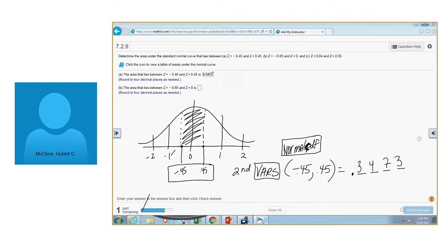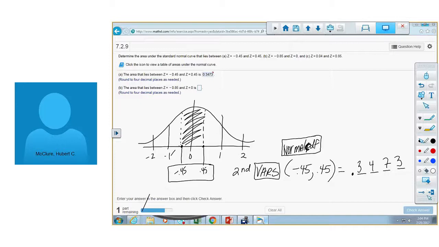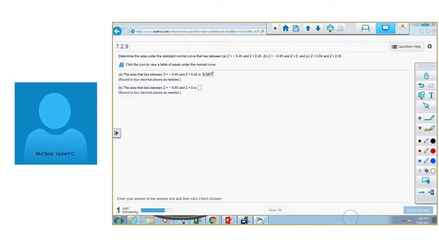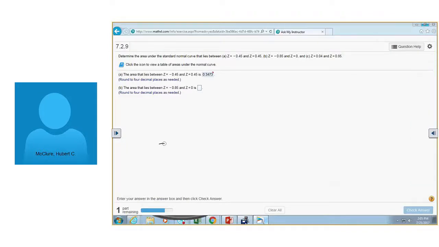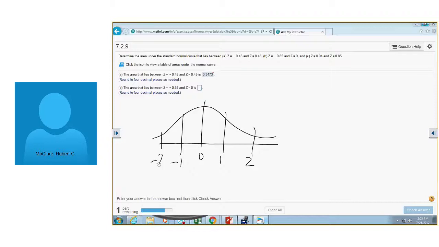All right, y'all do negative 0.85 to 0 while I draw another picture. Negative 0.85. Well, that'd be where? Right in here. You see why you draw a picture now?